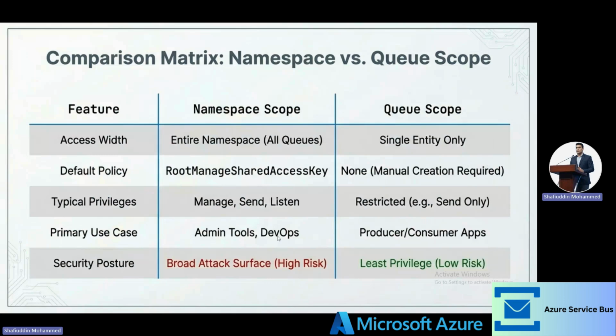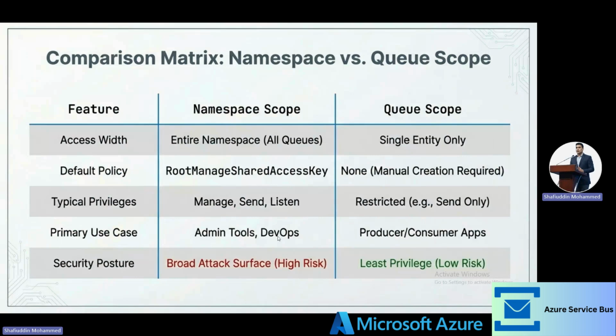So who will use the namespace connection string and who will use the queue connection string? Basically in a queue, as you know, there are producers and consumers. For example, I have Dynamics 365 CRM as a producer, and I have mobile applications as the consumers. At that point of time they will use the queues.